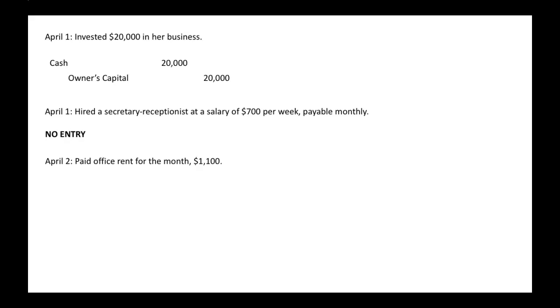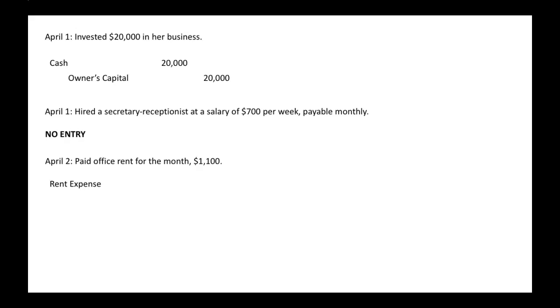But here we're just paying for 1 single month. So when you're just paying for 1 single month, we debit rent expense. We just count the expense for April here. So that's going to be our debit.